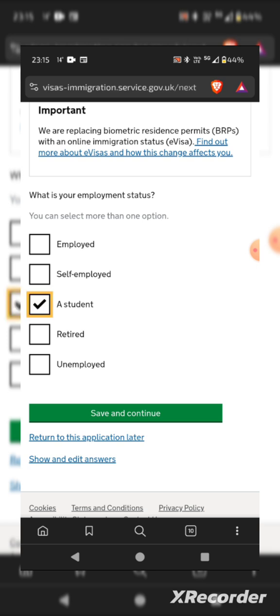You can show your acceptance letter if you're in a university, your school fees receipt, your school ID. You attach them to your application. If you are retired, you need to show them that you are retired. If you are unemployed, you need to show them that also. So let me say I'm employed.